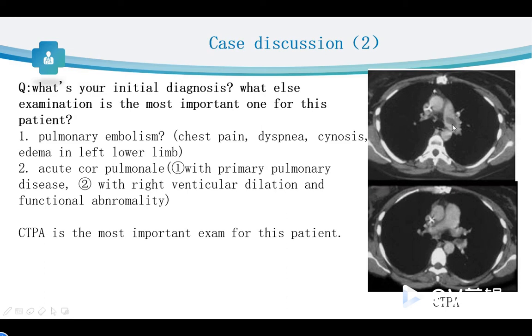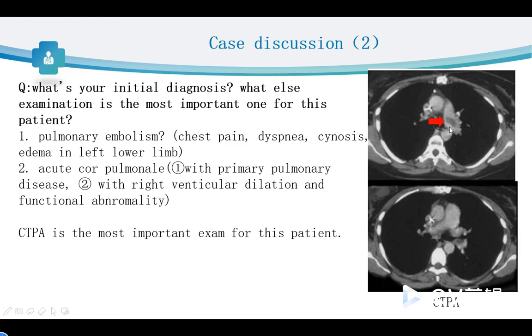Now, let's look at here. Here shows something with abnormal density in the left pulmonary artery, right? And here also shows something with abnormal density in the artery.